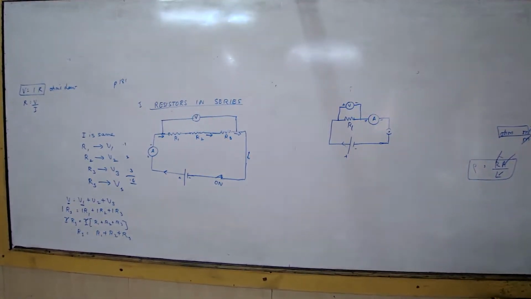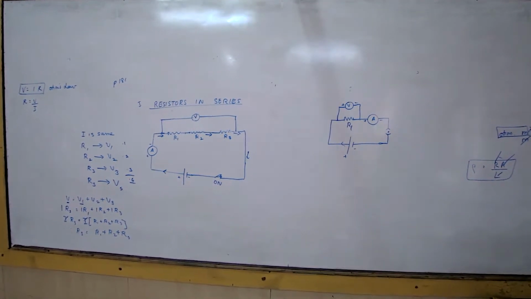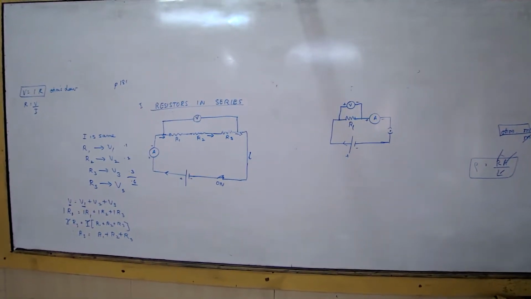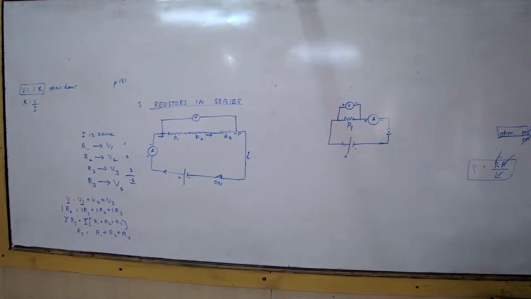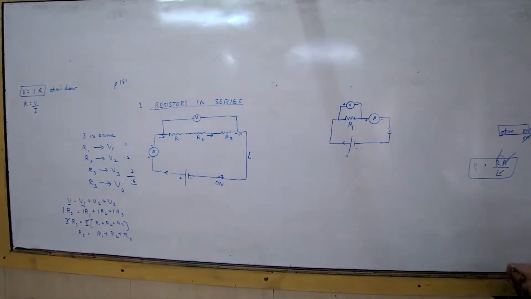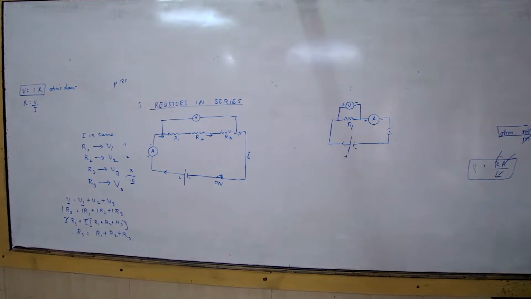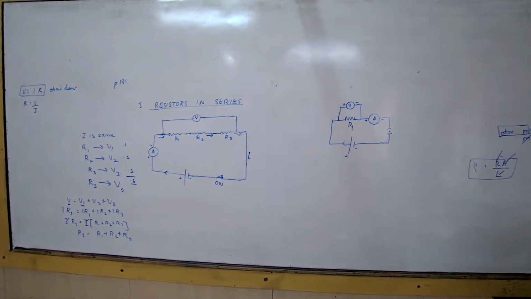Continue. Activity 11.5. In activity 11.4, insert a voltmeter across the ends X and Y of the series combination of three resistors. As shown in figure 11.6, plug the key in the circuit and note the voltmeter reading. It gives the potential difference across the series combination of the resistors.